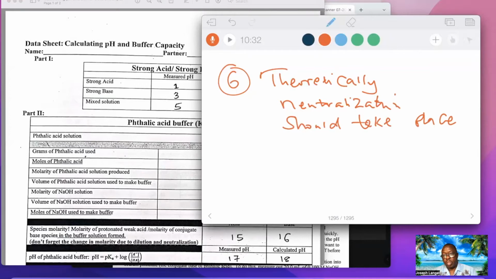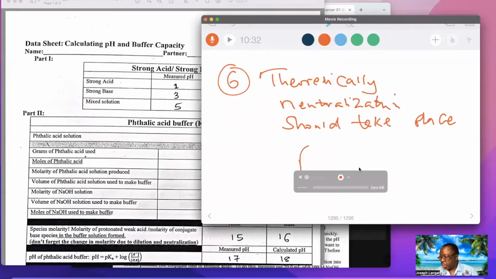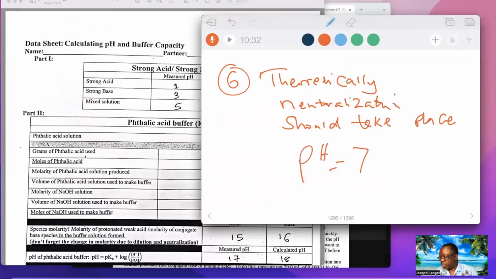For some reason, it had a basic pH of more than 7. After mixing number 5 here, the pH meter didn't read 7, but theoretically this should be the pH for neutralization, 7.0.